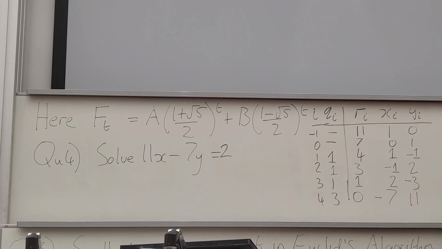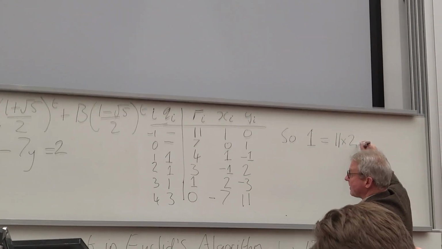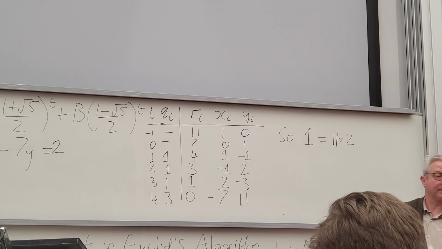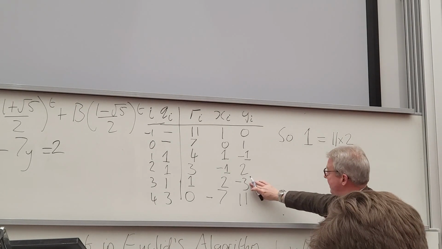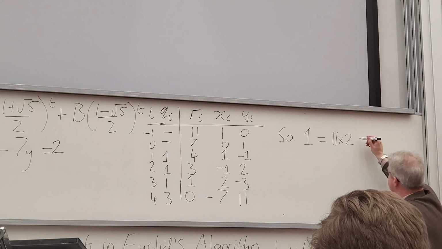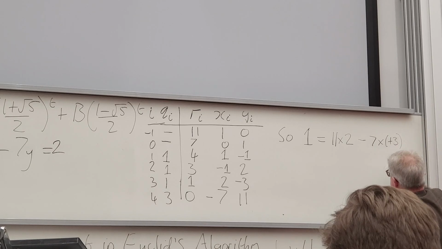So 1 is 11 times 2. And now we've got to adjust for the sign. So that's a minus 3, it's going to go to a plus 3. So it's going to go minus 7 times plus 3.